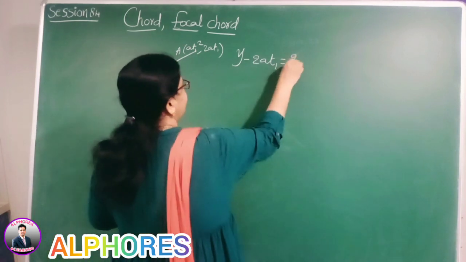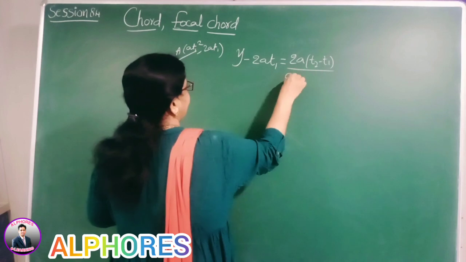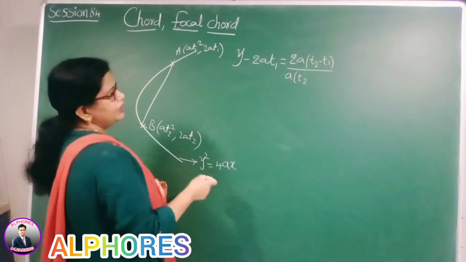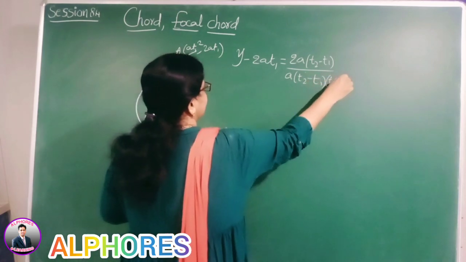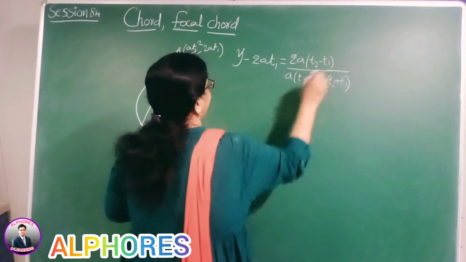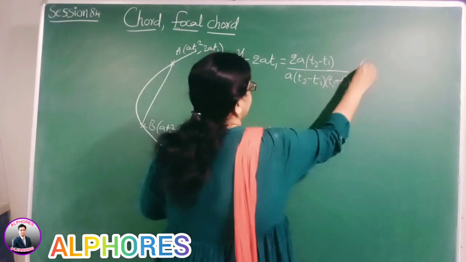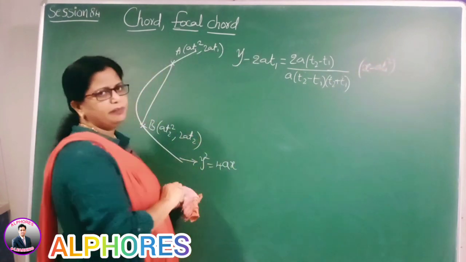If you take 2a common, it is (t2 minus t1) divided by a into (t2 square minus t1 square). On this side it is (t2 minus t1) into (t2 plus t1), and into x minus a t1 square. So this is our equation of chord joining 2 points in parametric form.